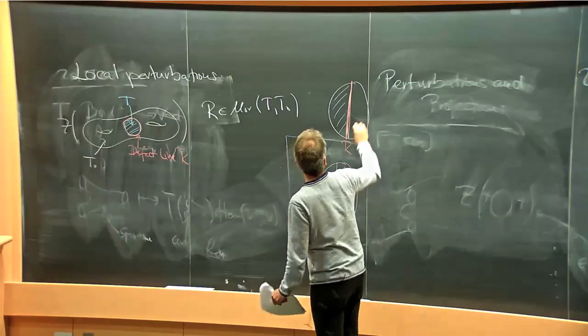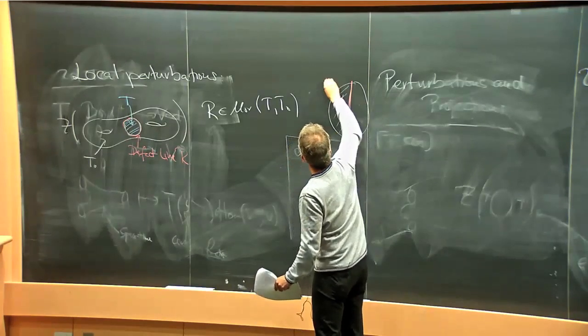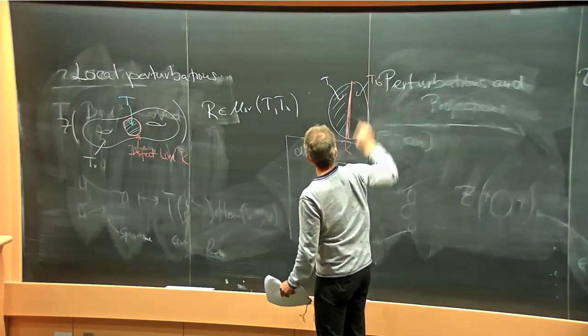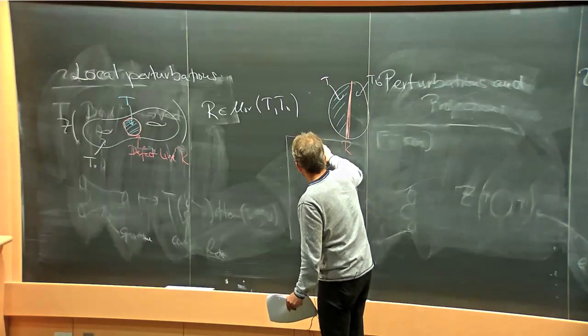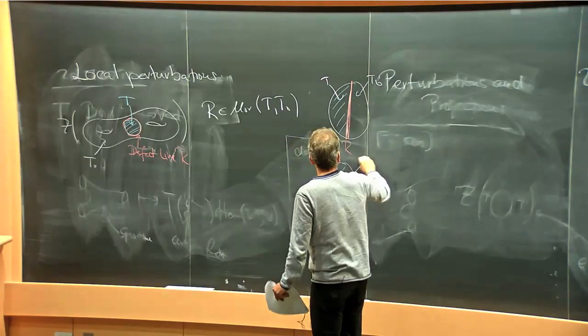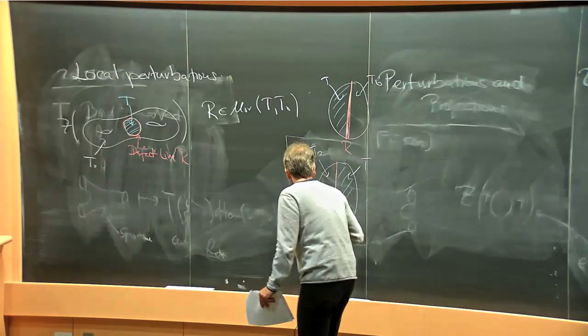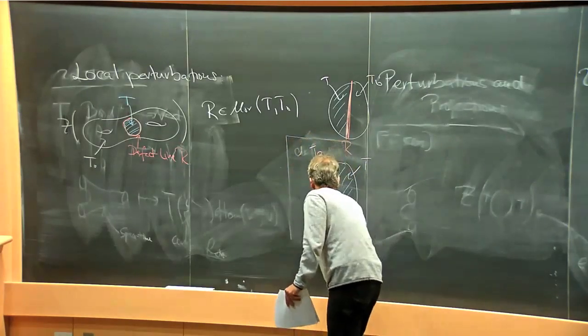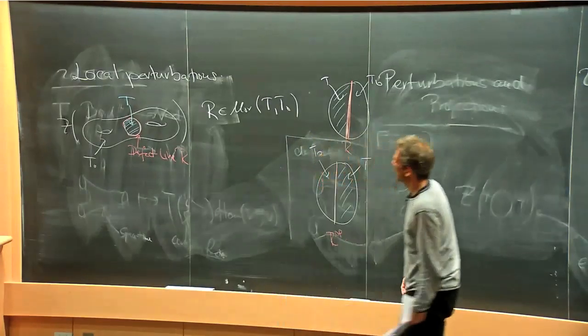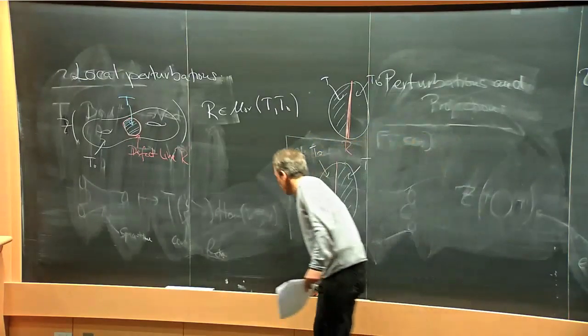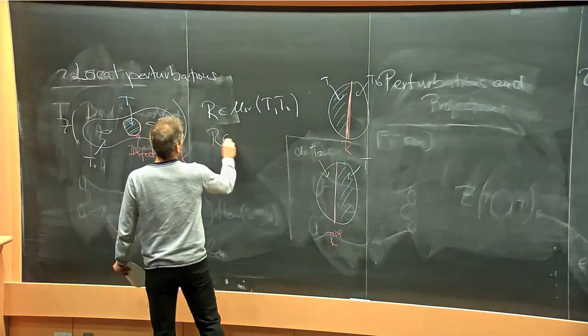So this will be T, this will be T0, or you could do it on the other side, so this will be T0 and this would be T, and this defect line, which is created there, I call R opposite. So you get two defect lines in this way, R and R opposite.